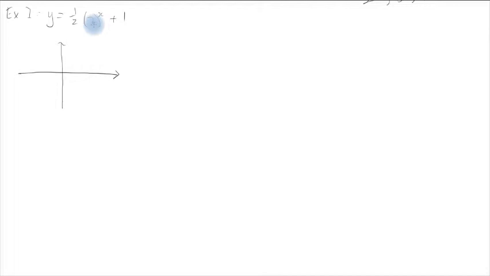So first, let's consider our dilation. Our dilation will be taking it from 1, so our original graph comes through this point of 1, and the asymptote is along y equals 0. But now it's going to be moving down by a factor of a half.